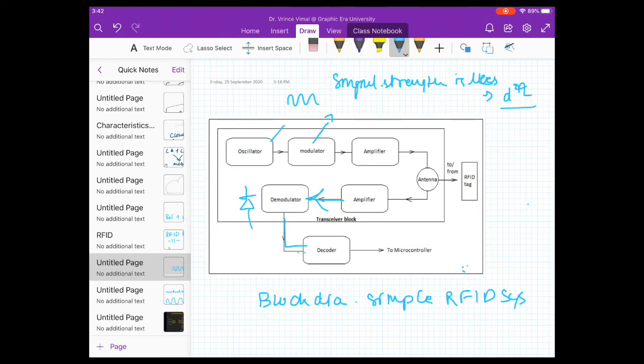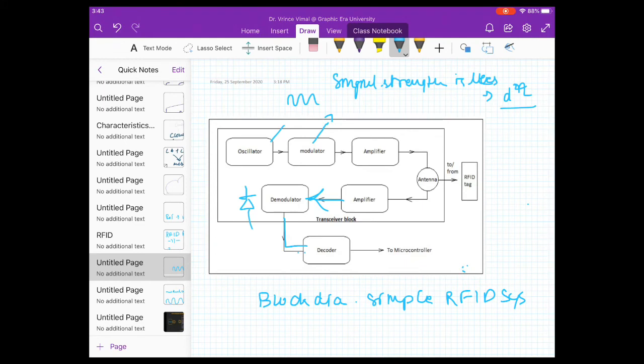Now again, if someone asks what the working principle is, we need to say that the reader is continuously on and propagates electromagnetic waves, obviously in all directions. It generates a signal with a desired frequency, and as the signal strength is quite less, it has to be amplified so that it can propagate to a longer distance.